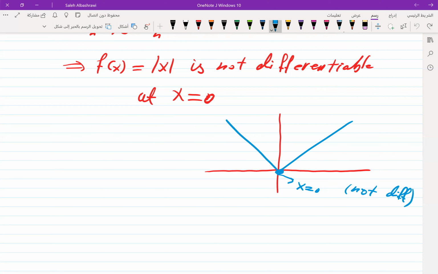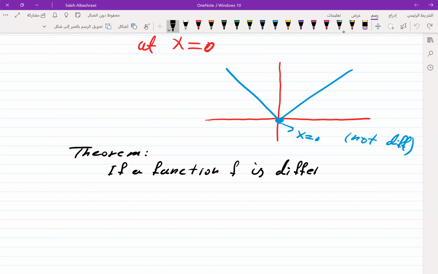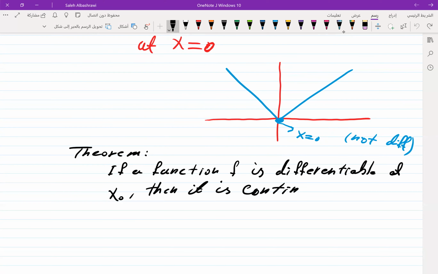So to say in general, now, theorem: if function f is differentiable at x sub 0, then it is continuous at that point.